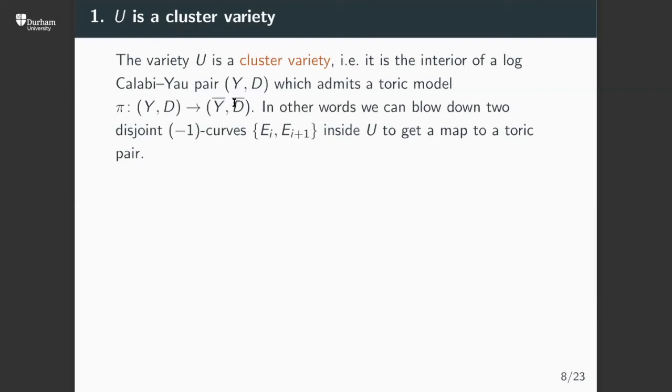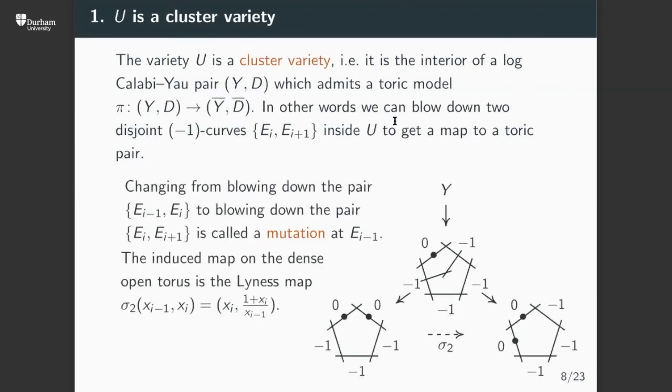And so in our example, with the del Pezzo surface, I can blow down 2 of the disjoint -1 curves, I can contract 2 of the lines in the interior of U to get a map to a toric surface. So here my Y is the del Pezzo at the top of this diagram. If I contract 1 -1 curve, then I get this surface here, which has 6 lines in it now, because it has an intersection 0 curve and 4 -1 curves.